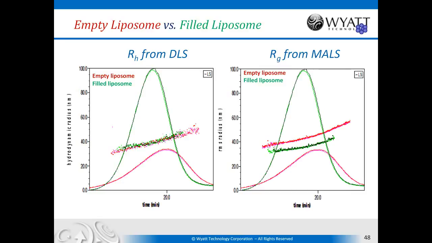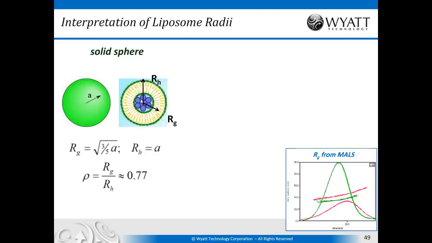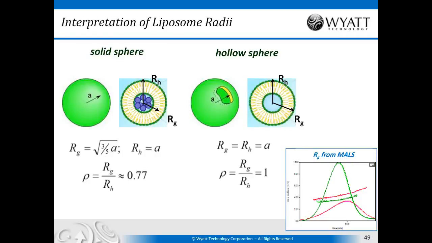So RG is actually related to the mass average position of the mass in the particle. And because one is filled and one is empty, the average position of the mass will differ between the two, and we actually see different values for the empty and filled liposome here. And we can understand that theoretically. The empty sphere would have a shape factor of about 1.